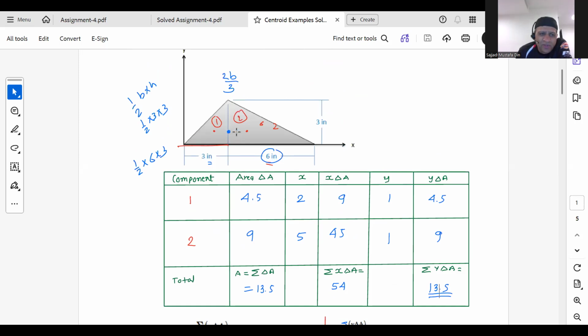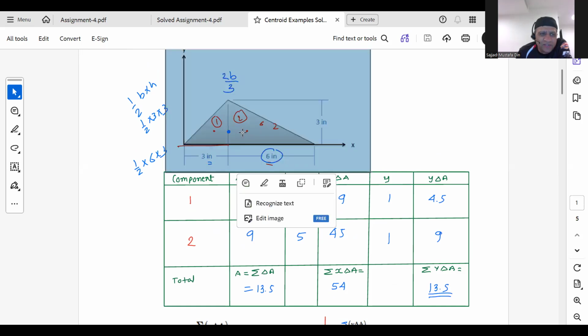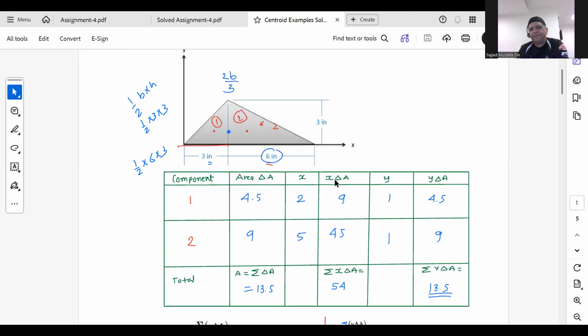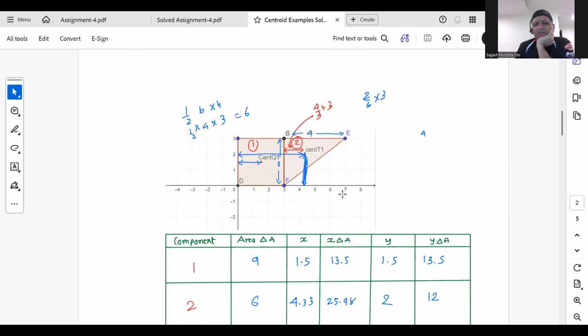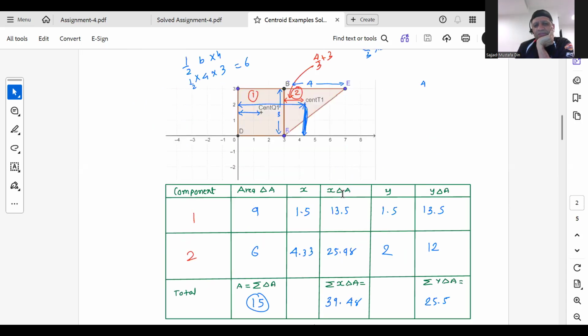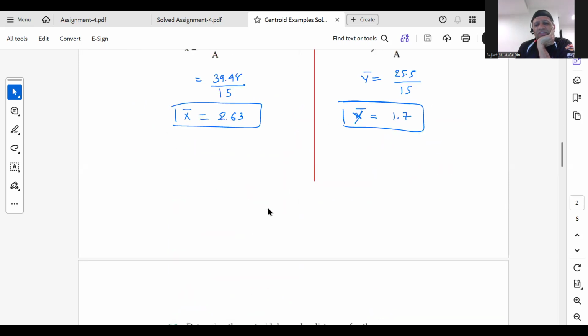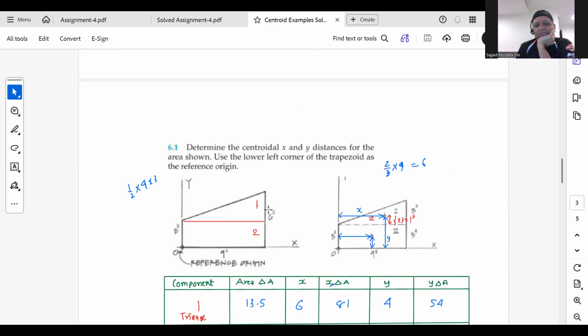It's not here. It's probably over here is where I would put it. You can actually take a look at the other examples as well. Here you've got component 1 and component 2. And see how these solved examples have filled in the table.